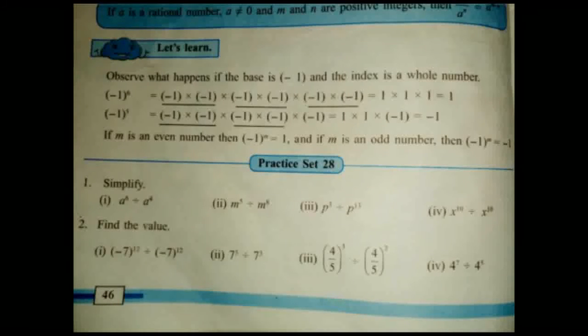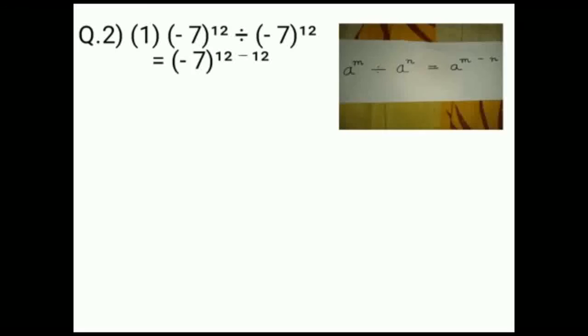Now we'll solve practice set 28, question number 2. Find the value. You have to use the same formula. A raised to m divided by a raised to n is equal to a raised to m minus n. In question number first, how we have solved? You have to solve the same thing, but you have to find the value. First one, minus 7 raised to 12 divided by minus 7 raised to 12 is equal to minus 7 raised to 12 minus 12.